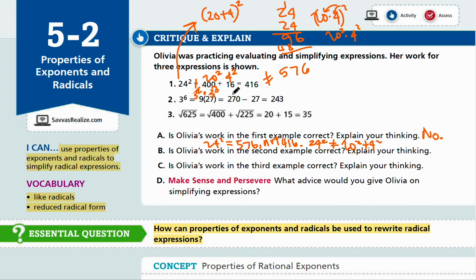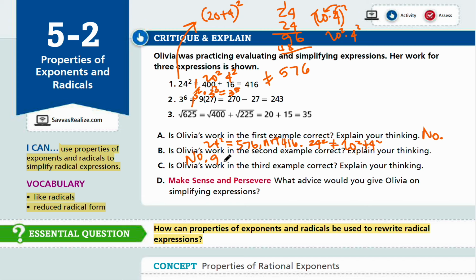The power of a power property says you can multiply the powers when there's a power on top of a power. Okay, but this is the same base multiplied with different powers. So in this case, they're not equal to each other. 3 squared times 3 cubed is equal to 3 to the 5th power, not 6th power. So no, this one is not correct either.